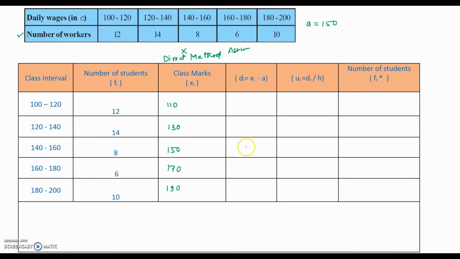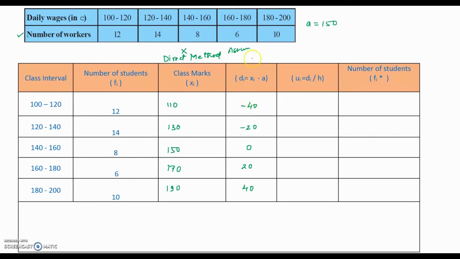So we'll start from the middle. Deviation is 0. 150 minus 150 is 0. 130 minus 150 is minus 20. 110 minus 150 is minus 40. 20 and 40. So these are the deviations. What you can observe here is 40, 20, 20, 40, whether positive or negative, they are all multiples of 20.